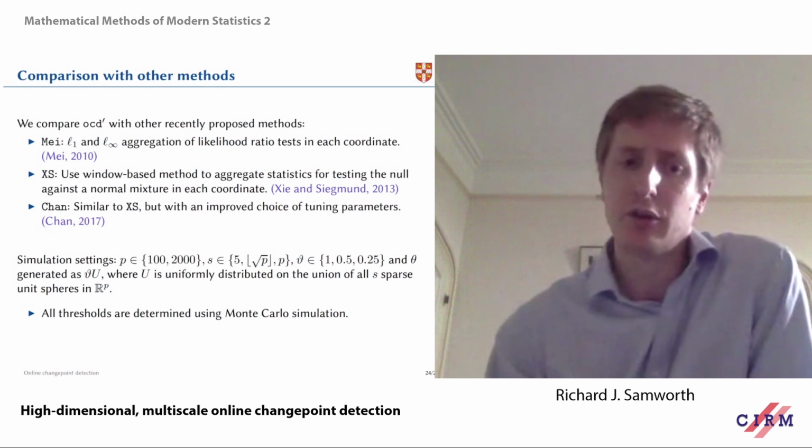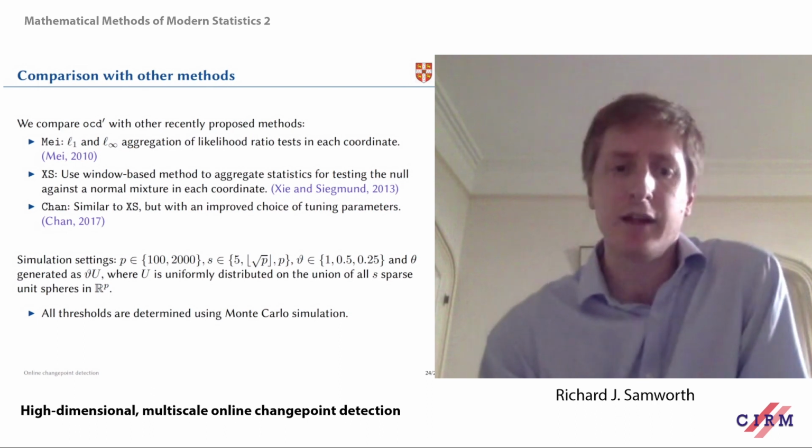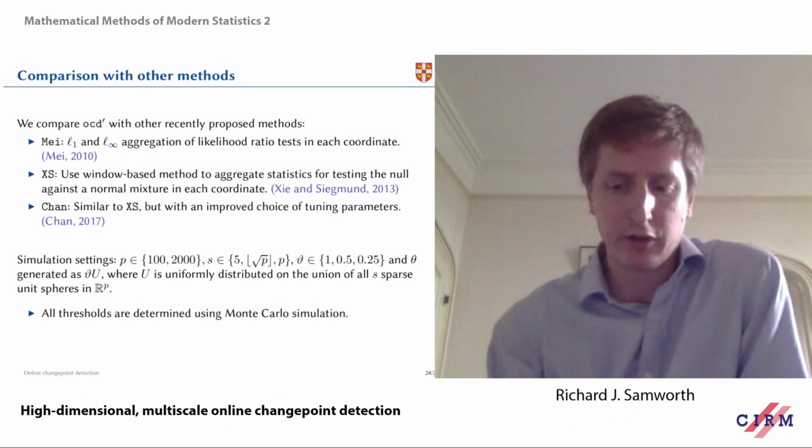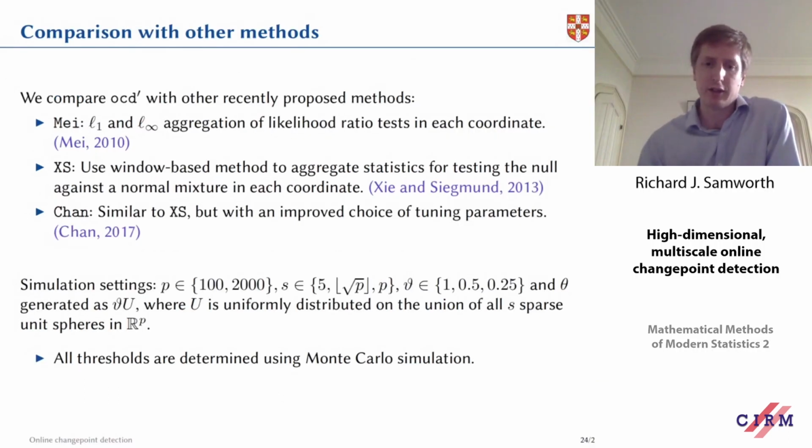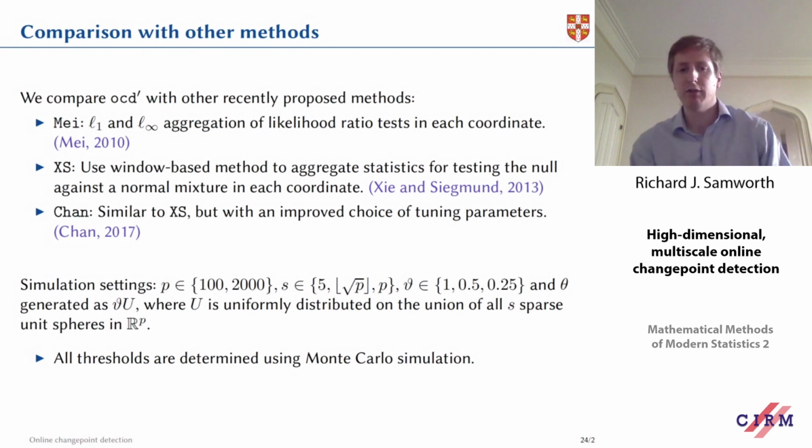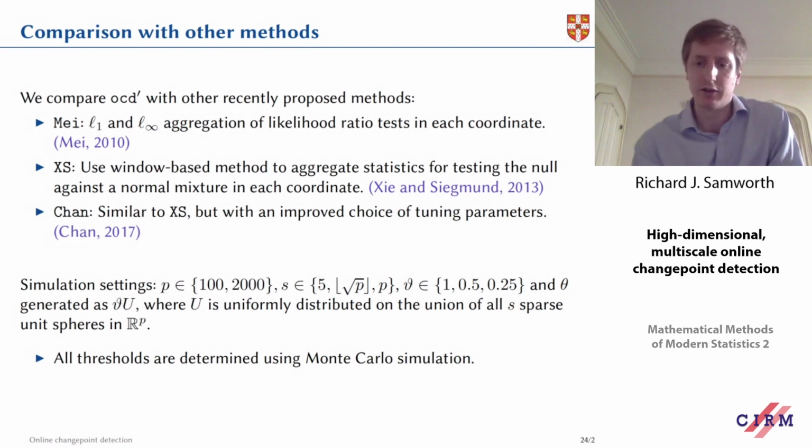Now, of course, the choices of these thresholds are coupled together, so there's a slightly delicate choice of how you do that. I won't go into it in too much detail here. You can look at the paper for more details. But there's a relatively principled way in which we can couple together these choices.